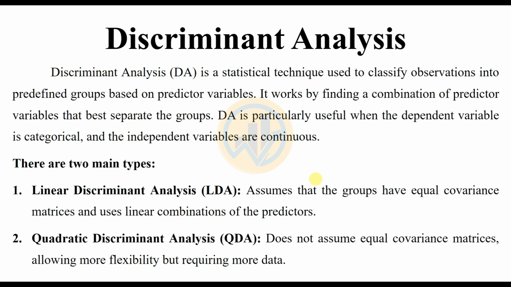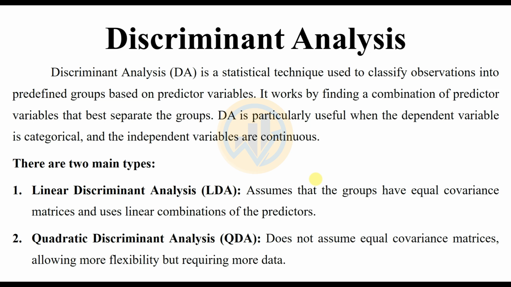It works by finding a combination of predictor variables that best separate the groups. DA is particularly useful when the dependent variable is categorical and the independent variables are continuous. There are two main types of discriminant analysis in biological science for biostatistics.